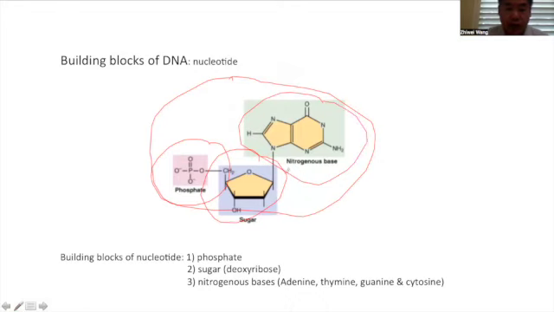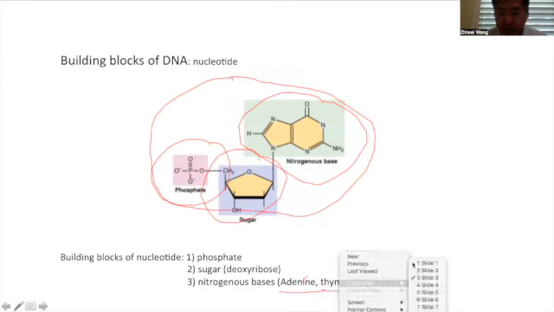The sugar is called deoxyribose, or you can call it a pentose, because it has 5 carbons. The base in DNA can be adenine, thymine, guanine, or cytosine.